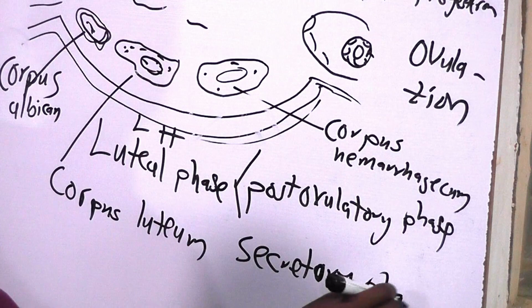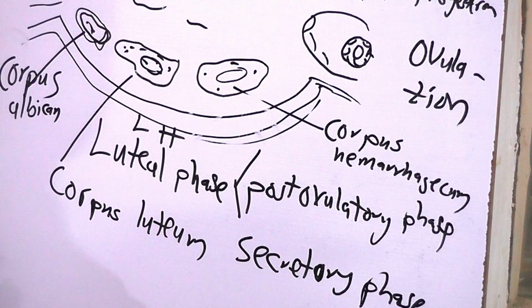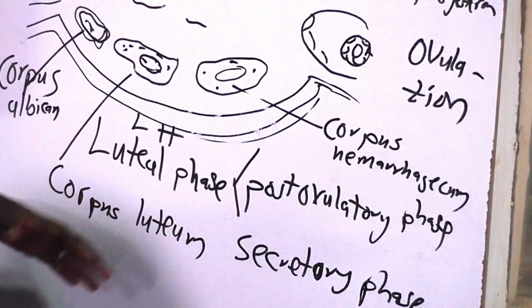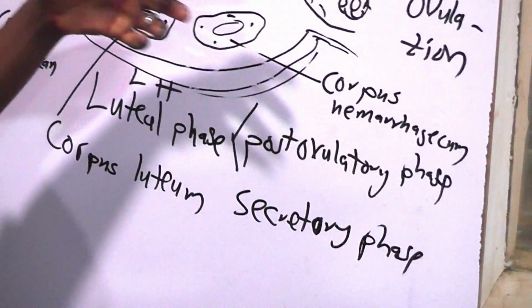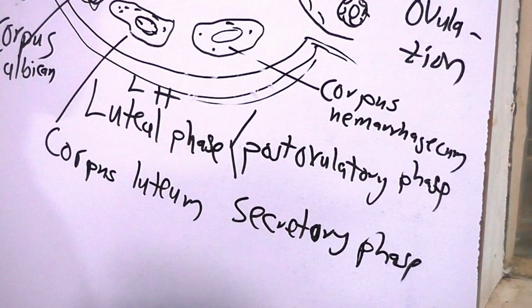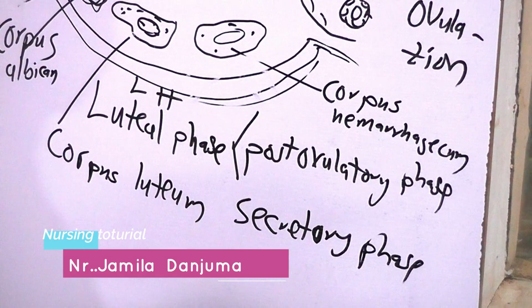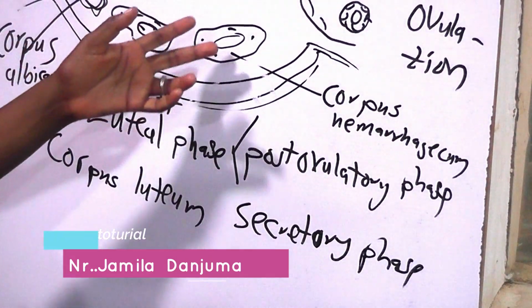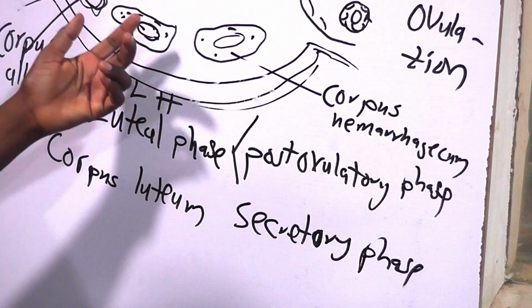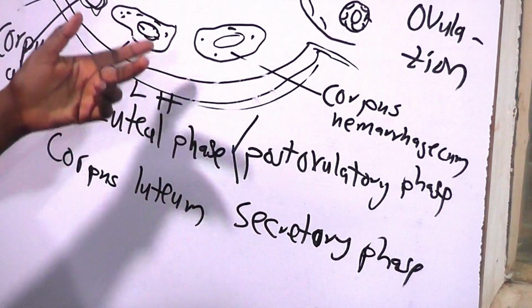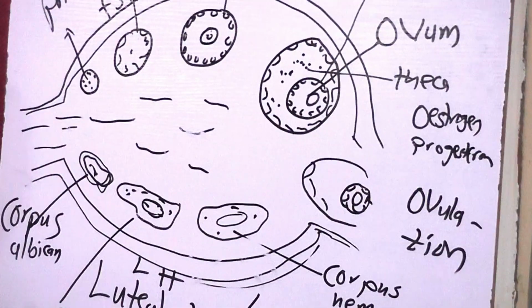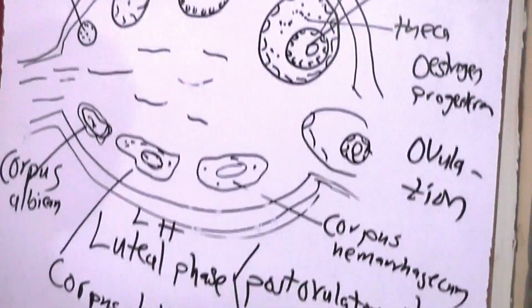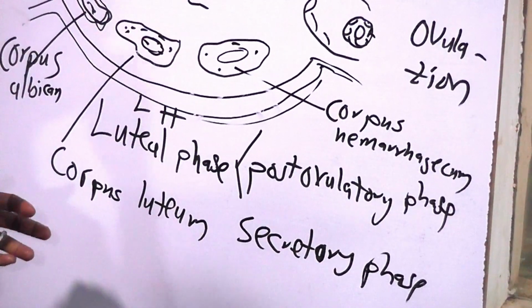In this phase, we said physical changes take place on the follicles that have ruptured to release the matured ovum, and there is continuous secretion of these yellowish substances. This phase is controlled by the progesterone.